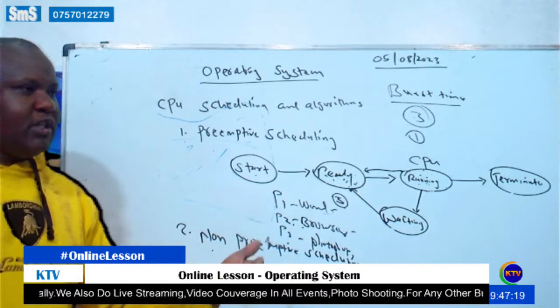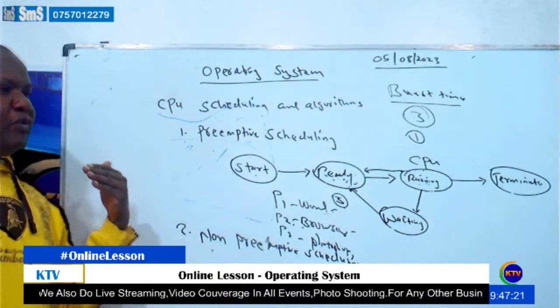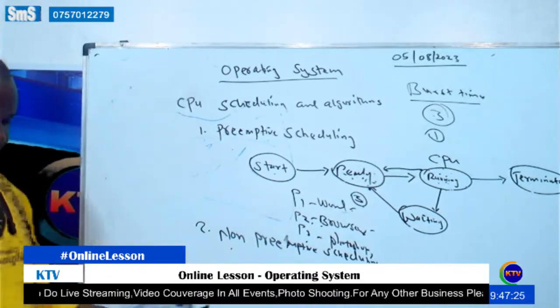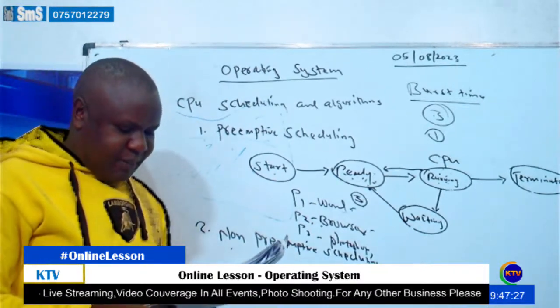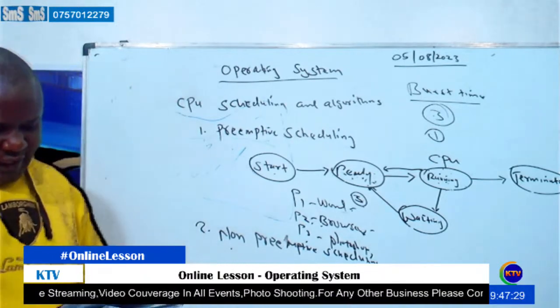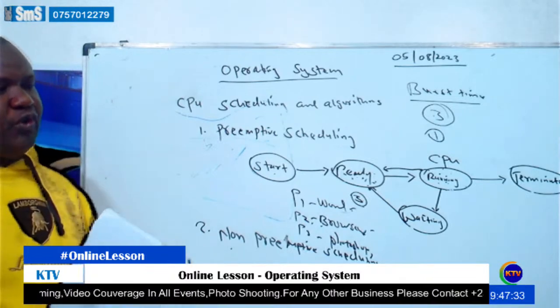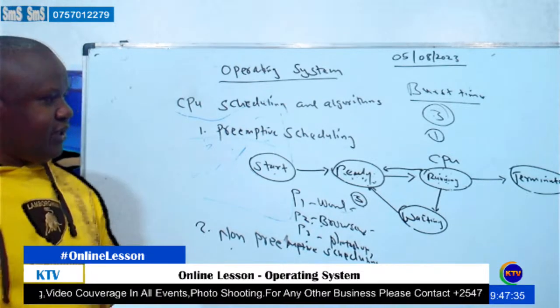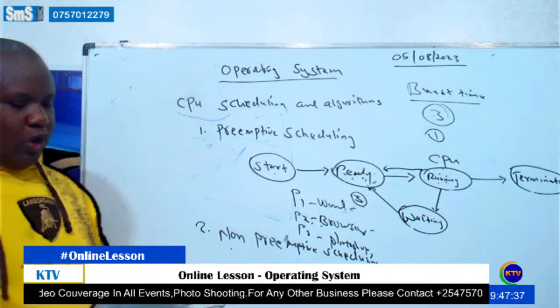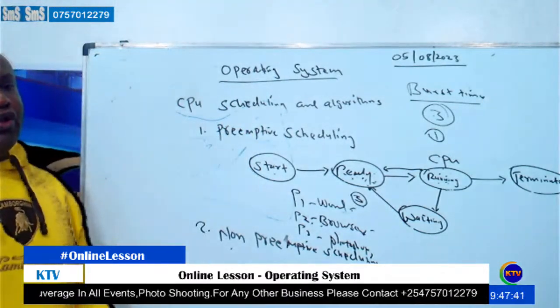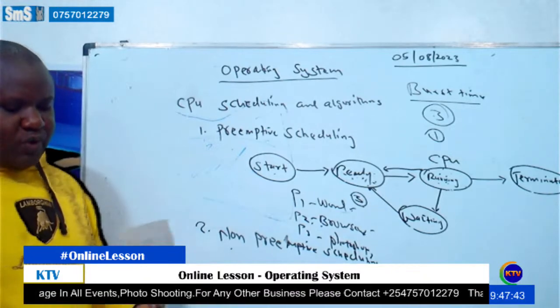Another one is allowed in, and the one that was removed is given another chance later to come into the CPU. In non-preemptive scheduling, there is no interruption of a process running in the CPU in the middle of execution. A process is allowed to complete. That makes the difference between the two scheduling algorithms.